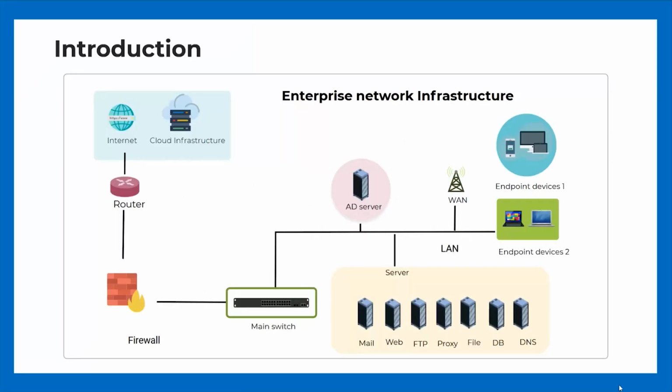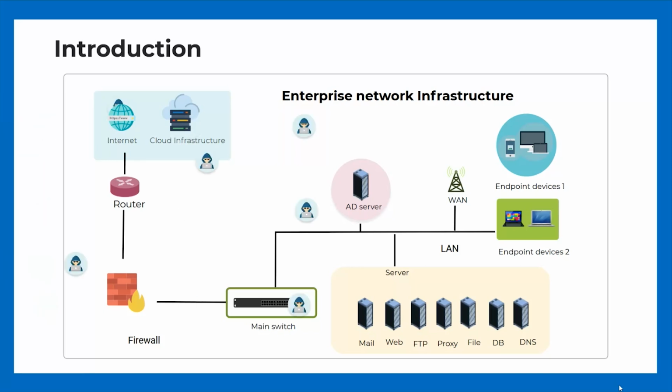So as shown on the screen, we have a typical network infrastructure consisting of a router, WAN, LAN, and multiple endpoint devices. Additionally, we also have on-premise servers like the Active Directory server, which manages access to various network resources. So at the heart of it all is the firewall, which acts as a gatekeeper.